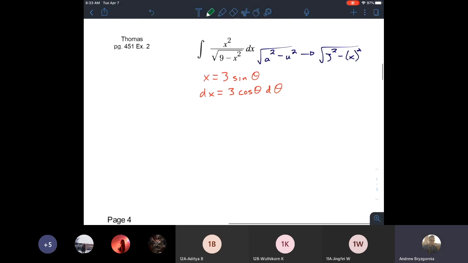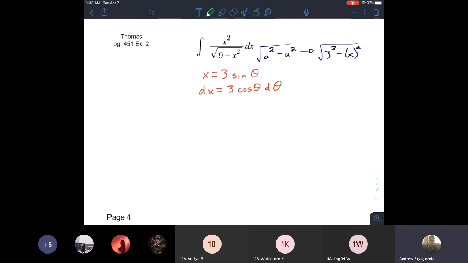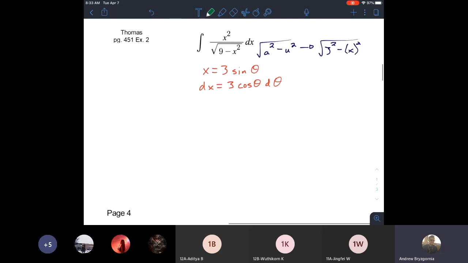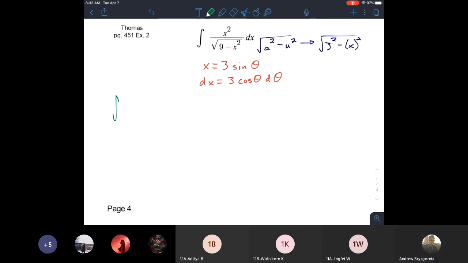Okay, now we're going to go ahead and do our substitution. So we're going to get the integral, and up on the top, we get 3 sine theta, and all of that is going to be squared.